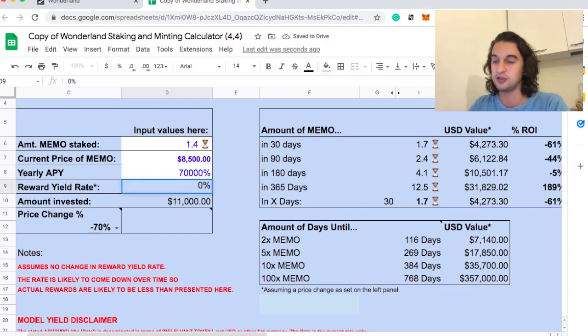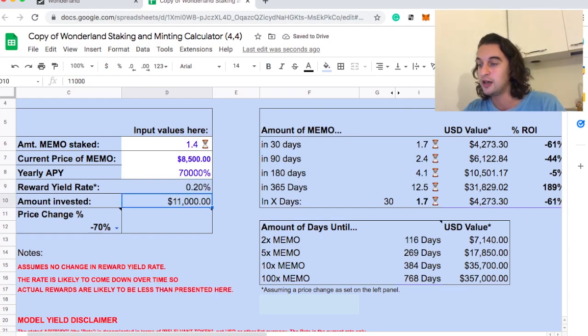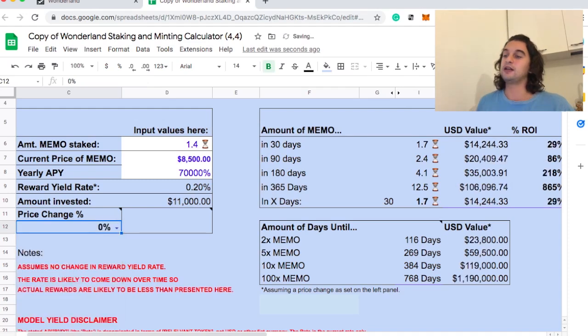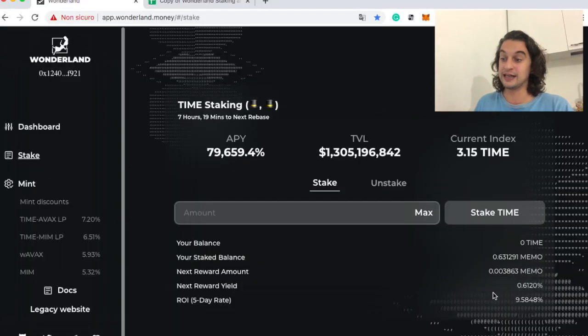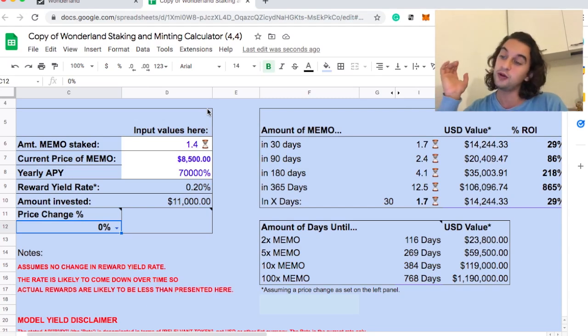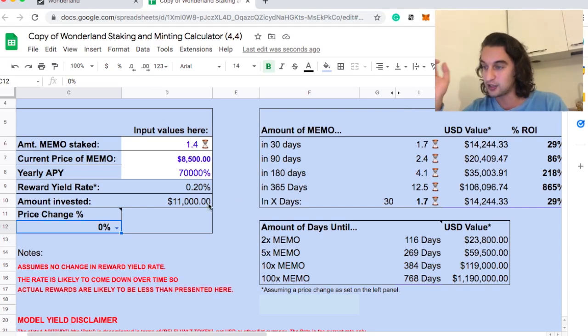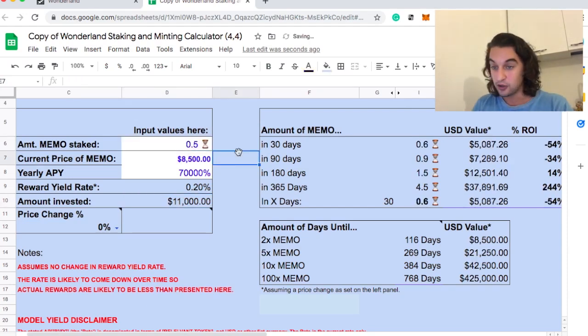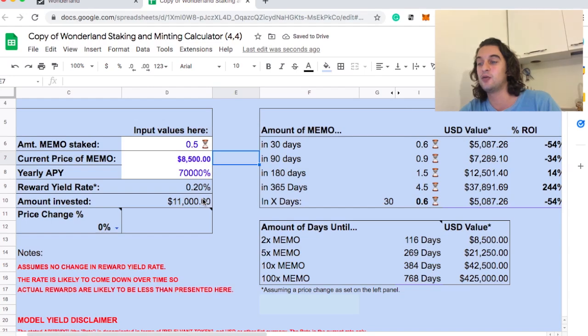So let's even put here 0.20. Okay, so the every 8 hours interest, you know, goes down. The price changes in nothing, as we can see here. Well, in 1 year, with just simply the rebase going down, so this 0.61%, the next reward yield going down to 0.20, so dropping down to, like, I would say 60%, we would still be making, if we decided to invest at 0.5, so let's go back to half a time, okay, a lot of money.